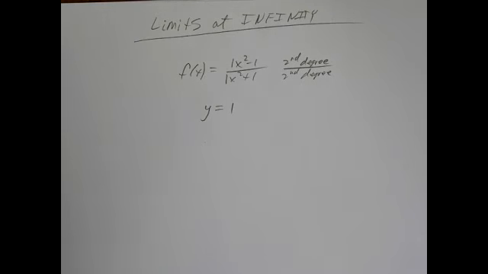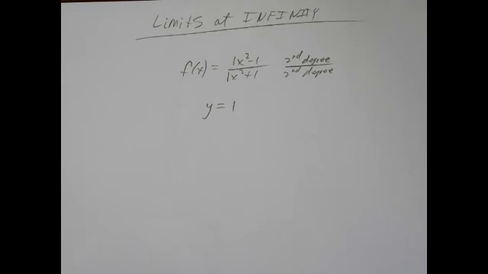That is the way it is typically done in a pre-cal class. And you're not usually offered any explanation as to why that's the horizontal asymptote.